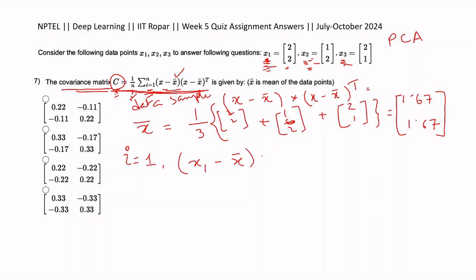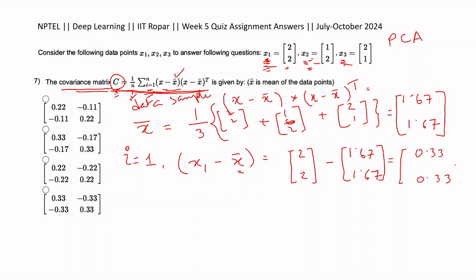The first sample is the vector 2 2 minus the mean value we just calculated, 1.67, 1.67. The final value will be 0.33, 0.33.